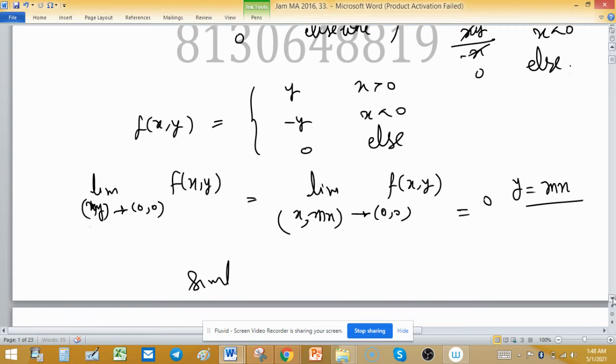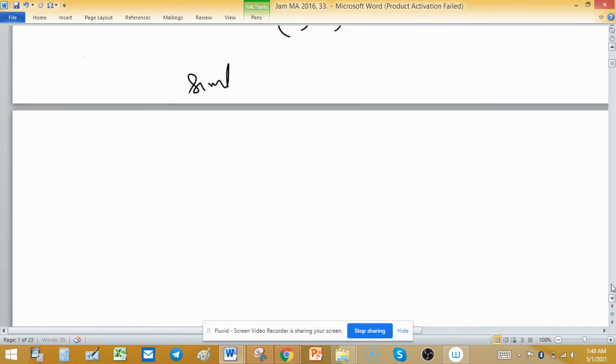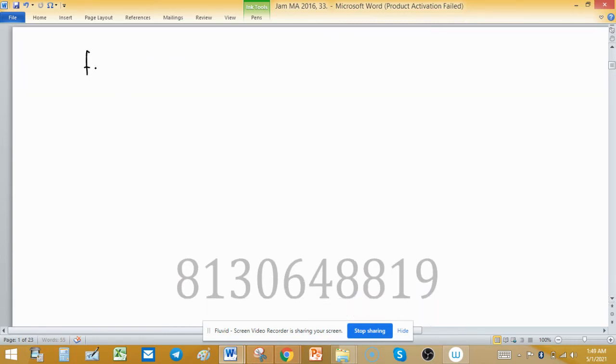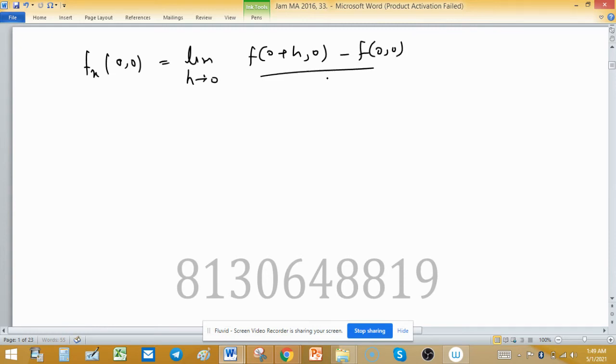Means the function is continuous at (0, 0). Now we have to check partial derivatives of this. So f_x at (0, 0) can be explained by the limit as h tends to 0 of f(0 plus h, 0) minus f(0, 0) divided by h, and this can be written as the limit as h tends to 0 of f(h, 0) minus f(0, 0) divided by h.